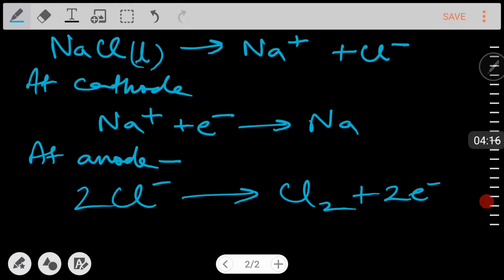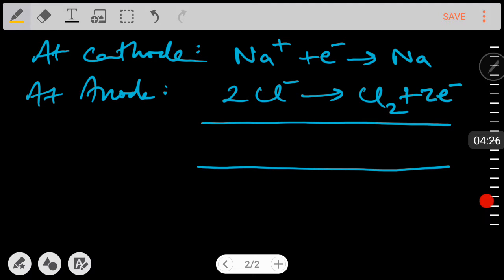If you add these two equations, you will get the net reaction occurring in this electrolytic cell. While adding the two equations, the electrons gained at the cathode and the electrons lost at the anode must be equalized, and for that the equation occurring at the cathode will be multiplied by 2, so that 2 electrons on the left hand side and 2 electrons on the right hand side will be cancelled.